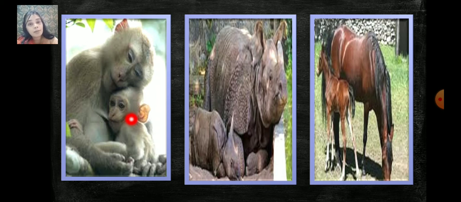So their mothers and sometimes other family members take care of them and protect them. Mother monkey takes care of its baby. It protects them and teaches them everything, how to walk, how to talk.